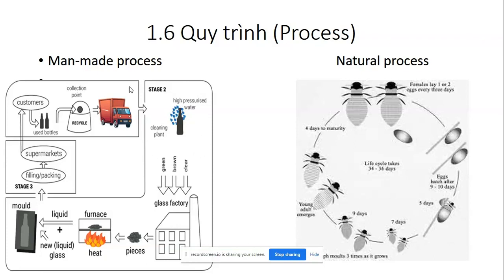For example, right here we have probably a recycling plant. The second one is the natural process, which features the life cycle of an animal or the evaporation of rain and so on. This right here is the life cycle of a honeybee.